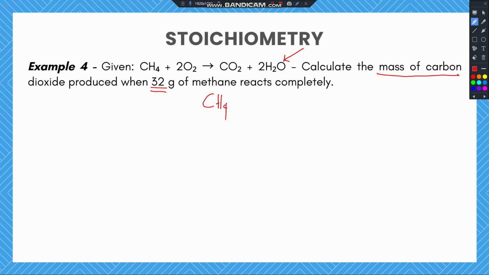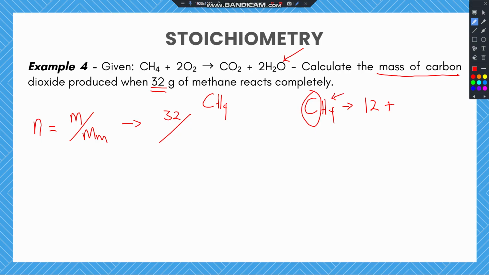To convert into number of moles, we know that N is equal to the mass of a substance divided by its molecular mass. Now, what's the mass of methane? It's 32 grams divided by the molecular mass of methane. Let's calculate it. For CH4, the atomic mass of carbon is 12, and we have 12 plus the atomic mass of hydrogen, which is 1.